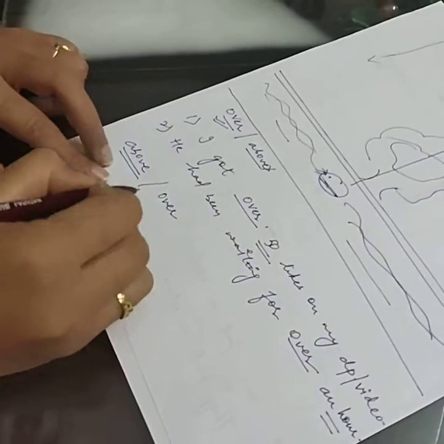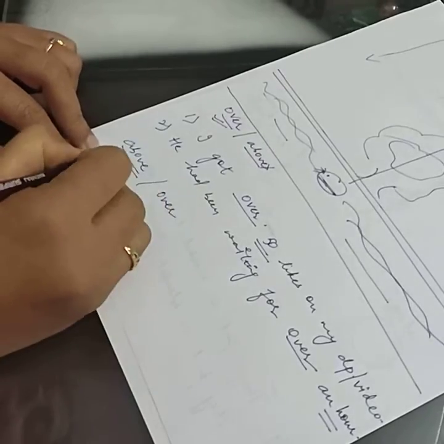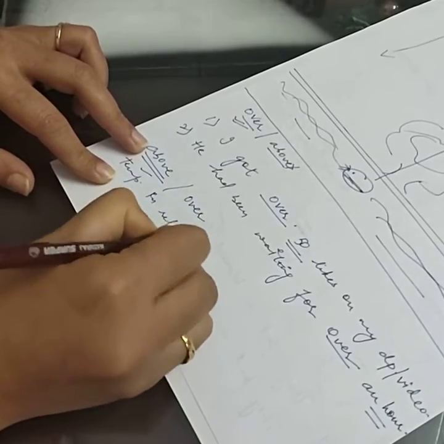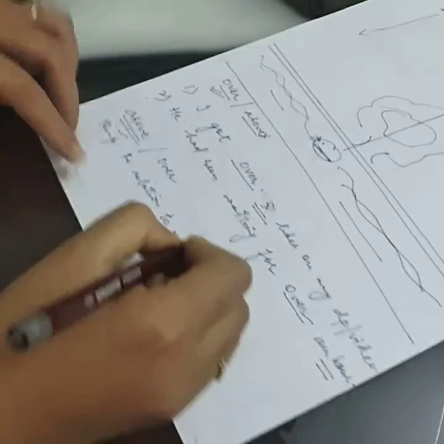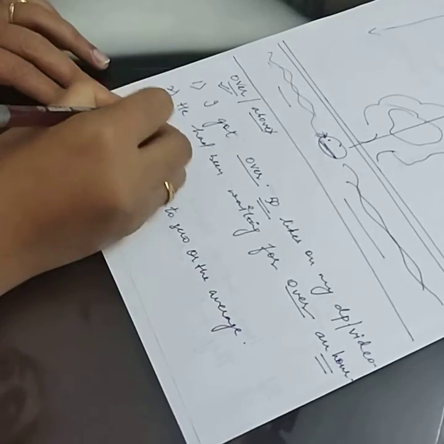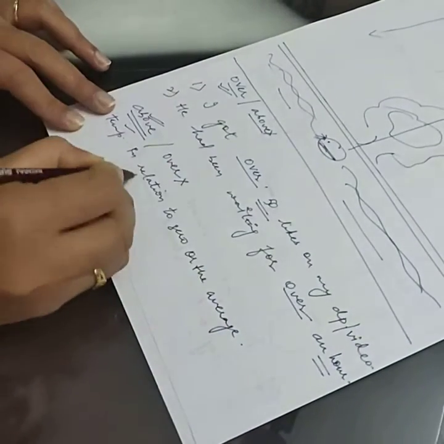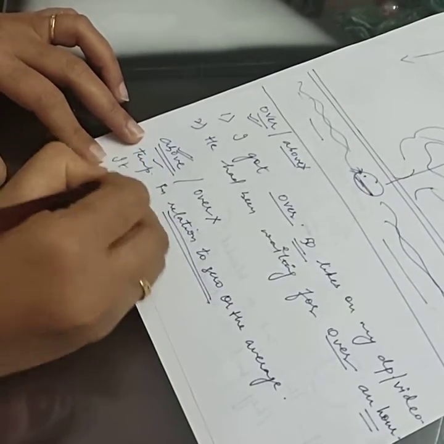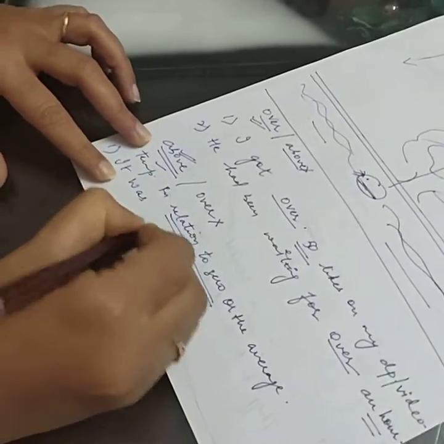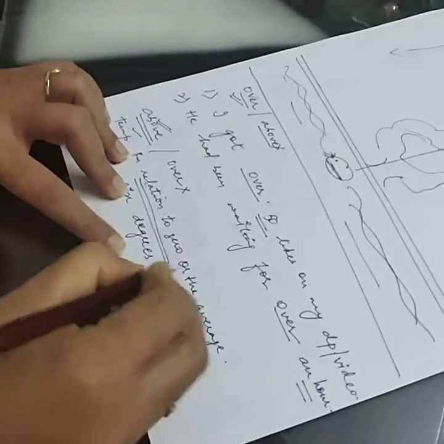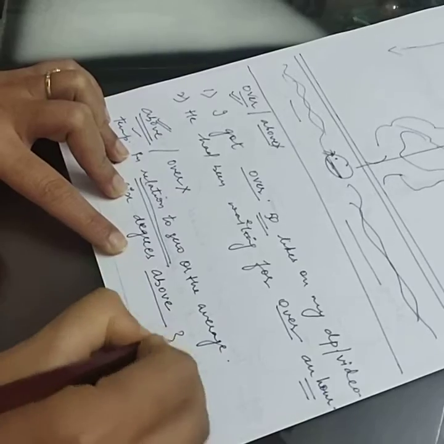And there is an exception in the use of above: when we talk about temperature in relation to 0, or the average, we always use above, not over. For example, it was 6 degrees above 0.